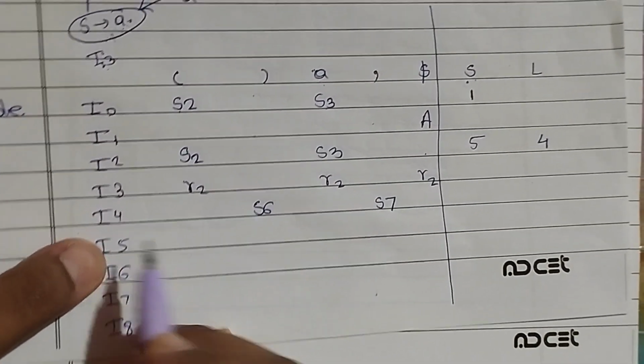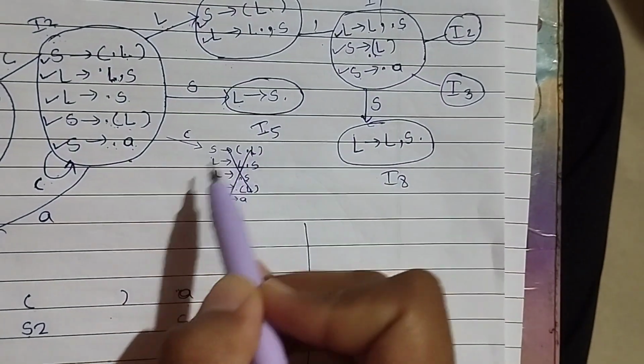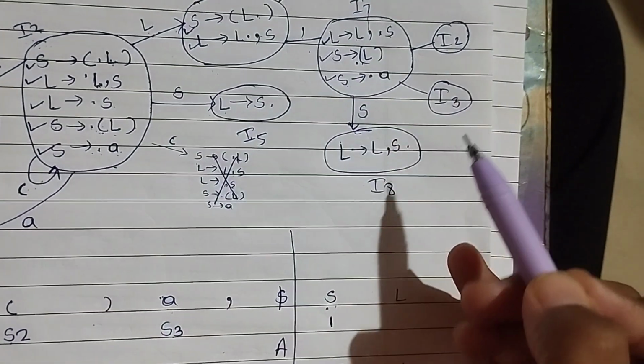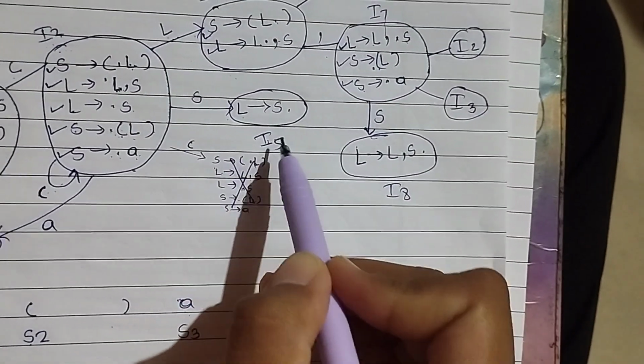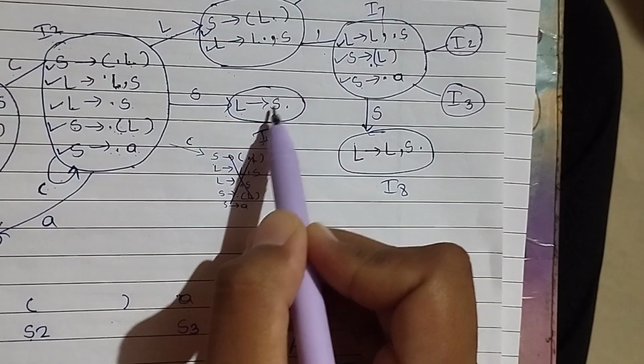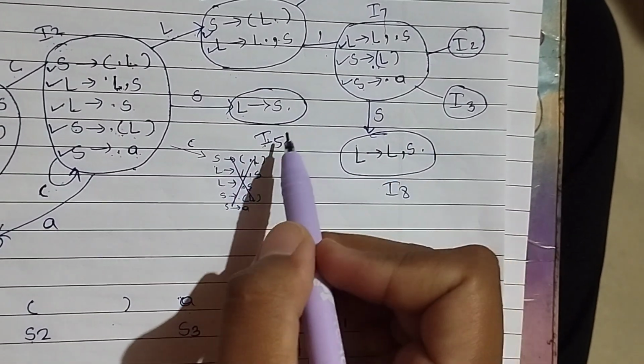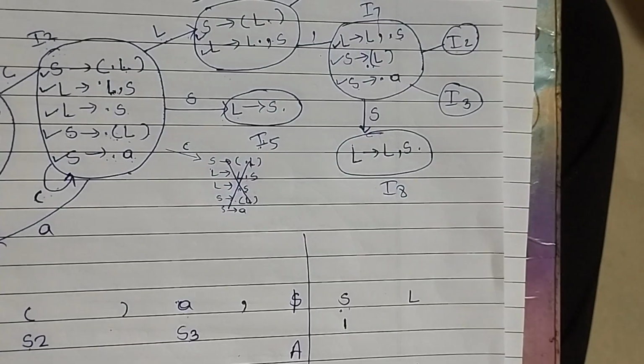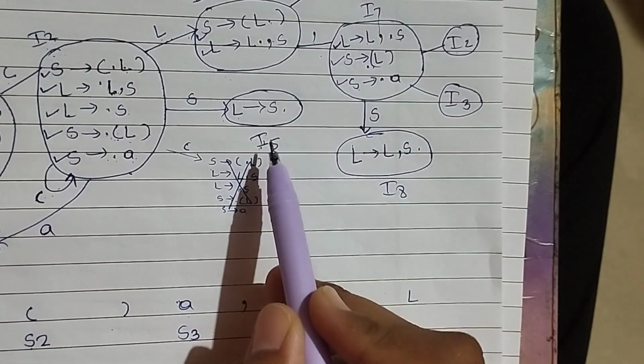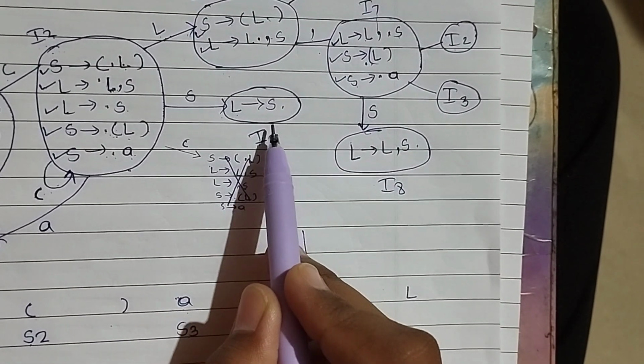Now I5. I5 is also an acceptance state, but it is not the acceptance state of the starting symbol. So here we perform the reduce operation.